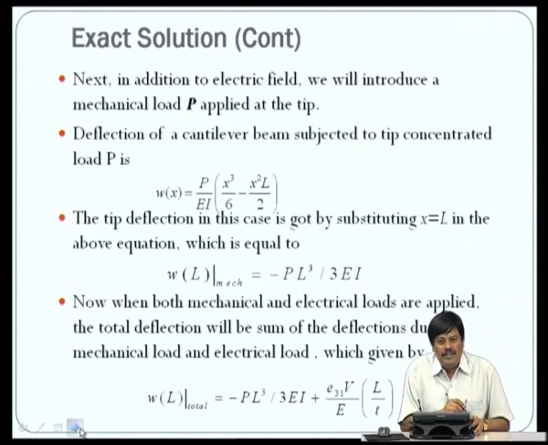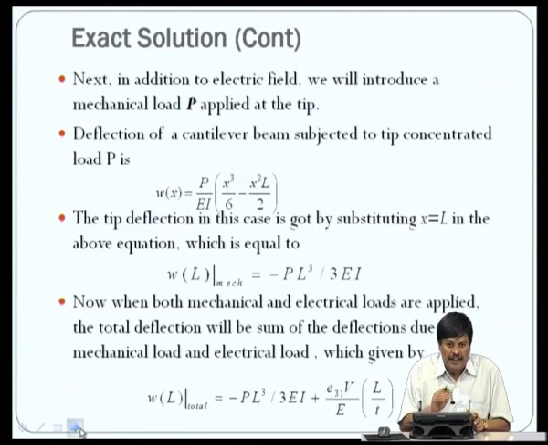Next, in addition to the electric field, we will also introduce a mechanical load P. Now we have two problems, one due to mechanical load and one due to electrical field. We have already found the deflection due to the electrical field.